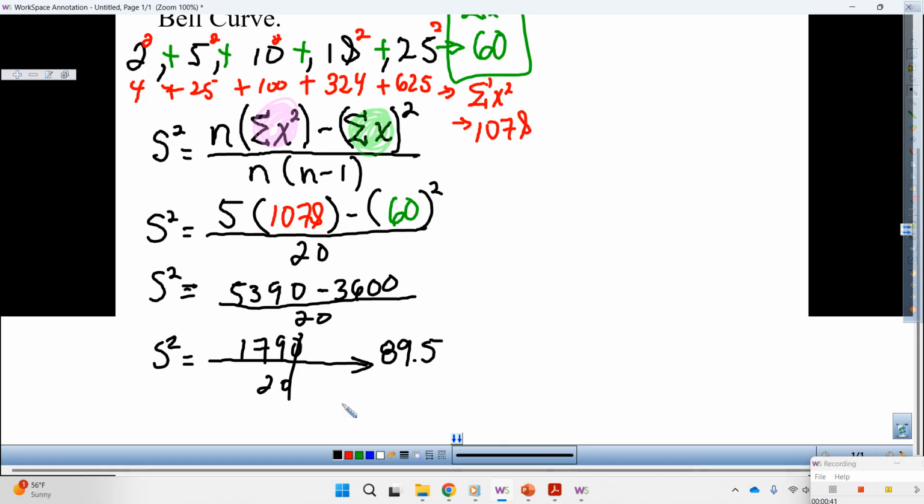But that's just the variance. We need what? We need the standard deviation, approximately. Calculators calculate. Square root of 89.5. 9 point what? 9.46 approximately. All right.